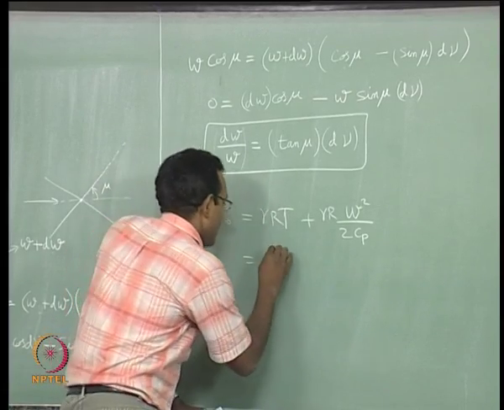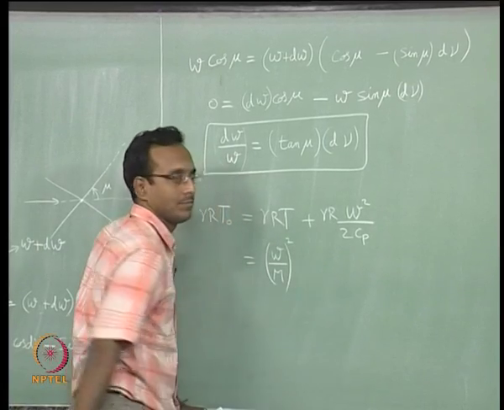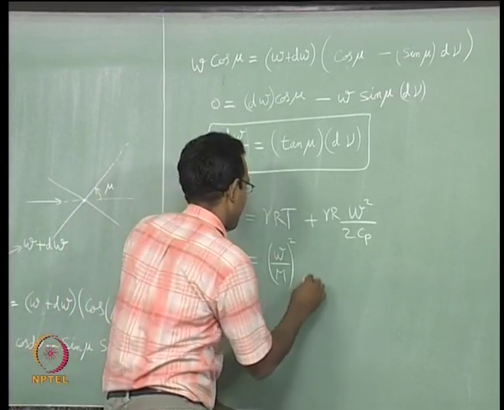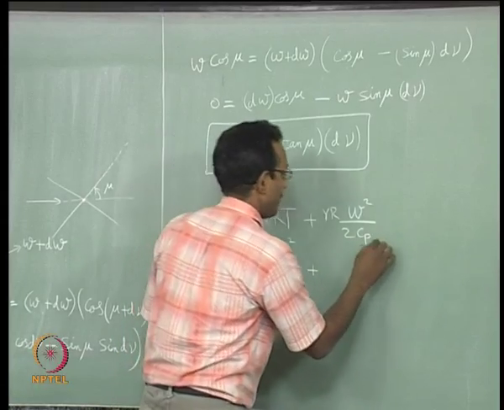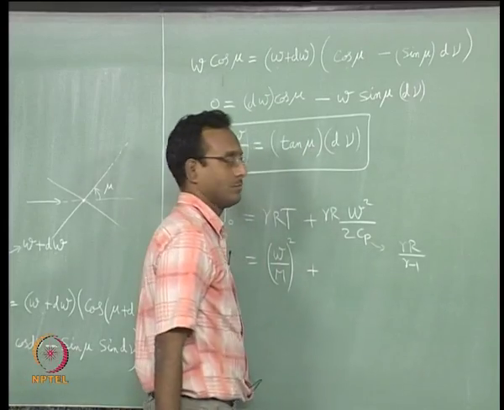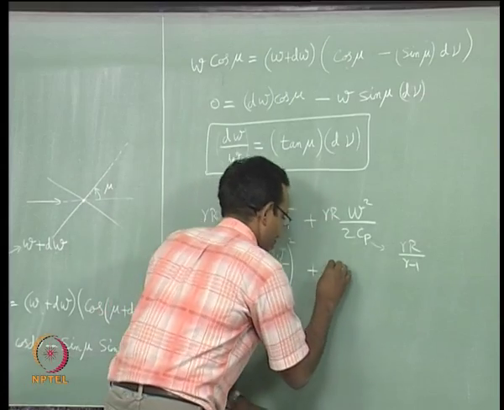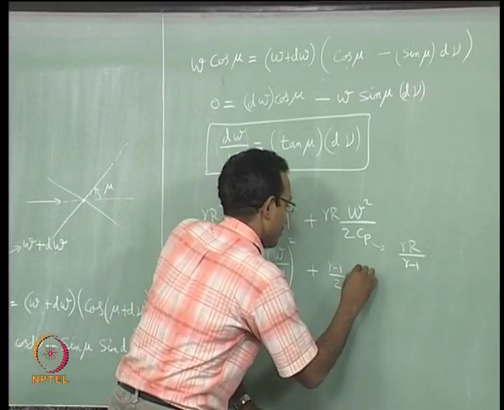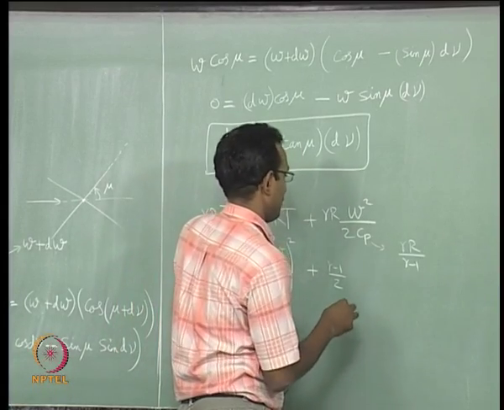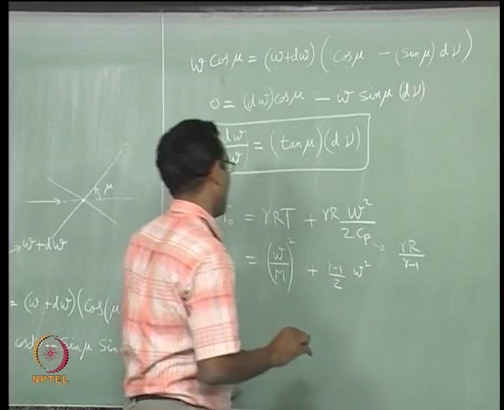That will be w by m square, right, because m is w by a. I can write it like this, plus now my Cp is gamma r by gamma minus 1. And I already have gamma r there, which will get cancelled. Gamma minus 1 will go to the numerator, gamma minus 1 by 2, and this is what I have.